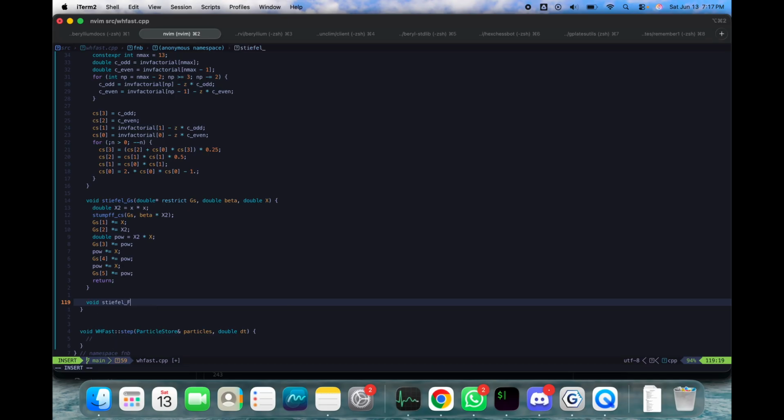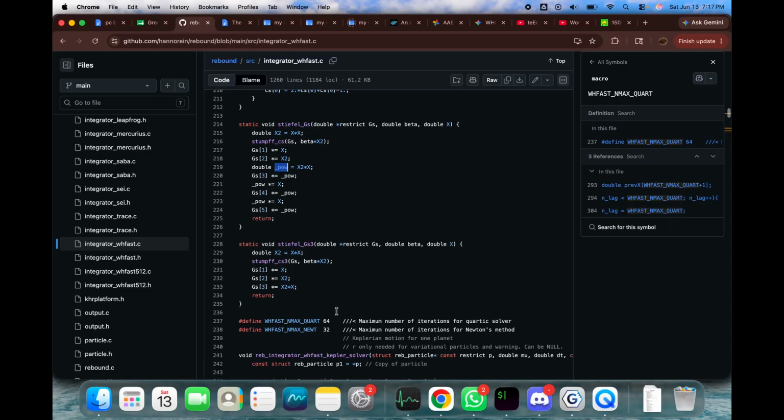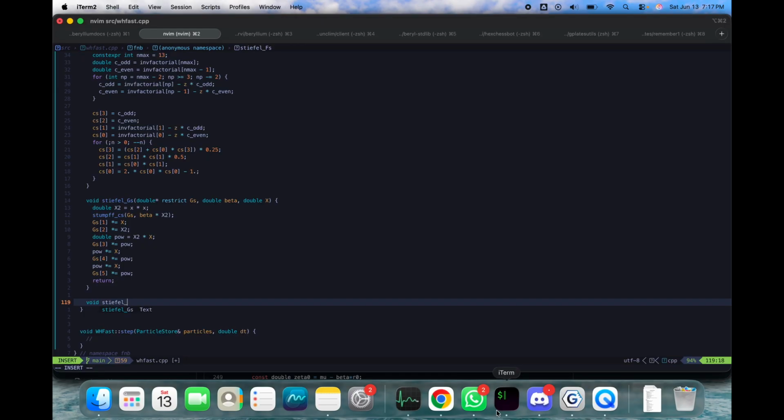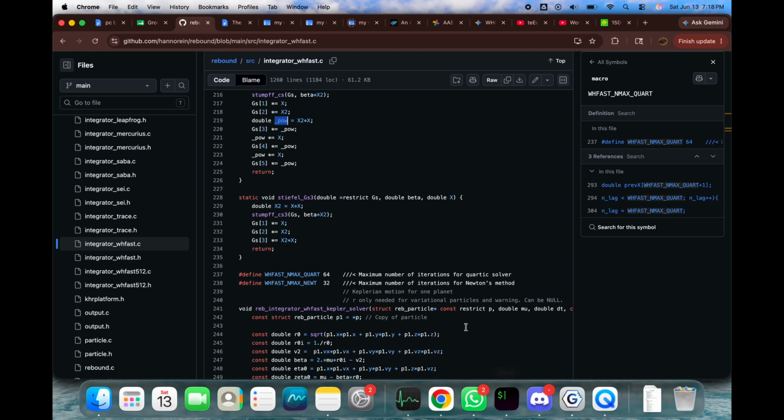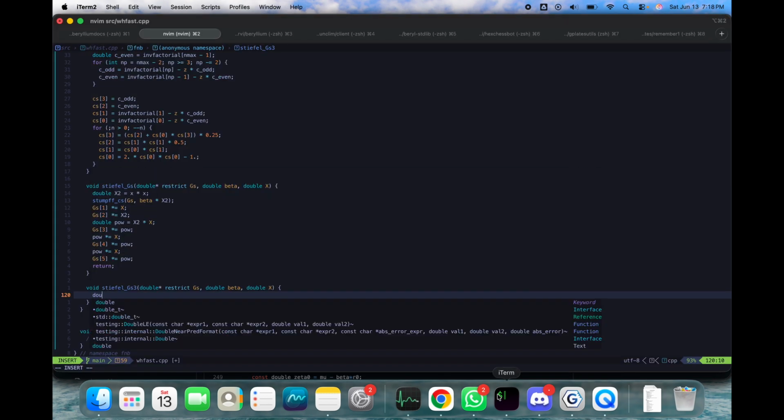Default GS3. Double restrict GS, and I guess it's all the similar stuff. Double x2, x2 equals x times x.